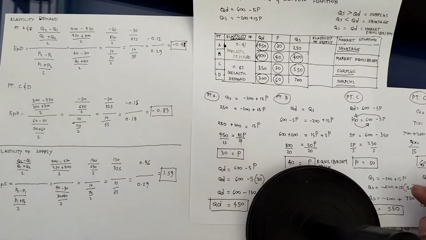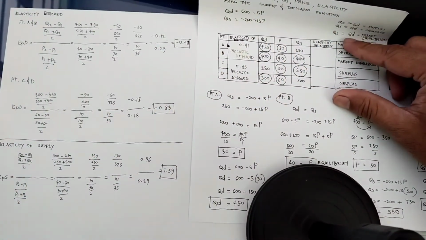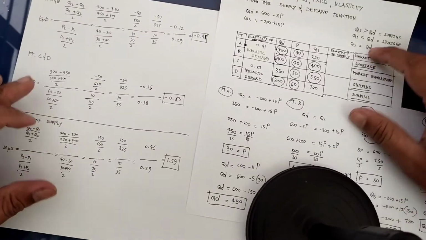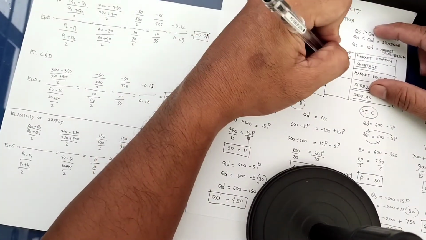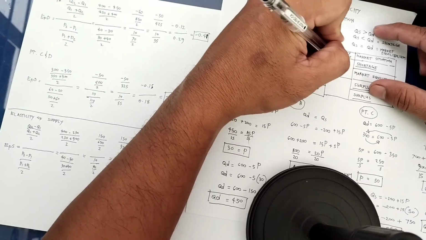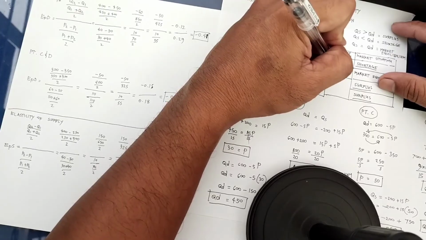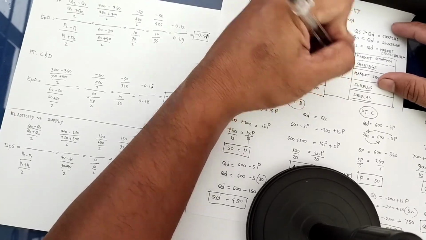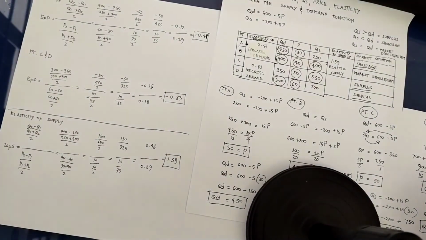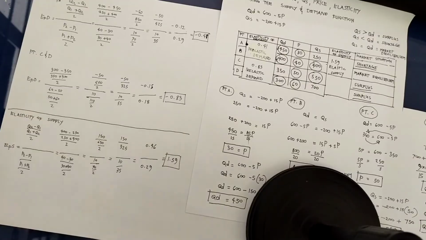So we will put it here, 1.59. Since it is more than 1, 1.59 is greater than 1, that would be elastic supply. Okay, the supply is elastic.